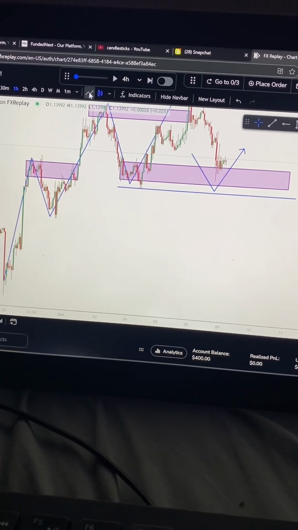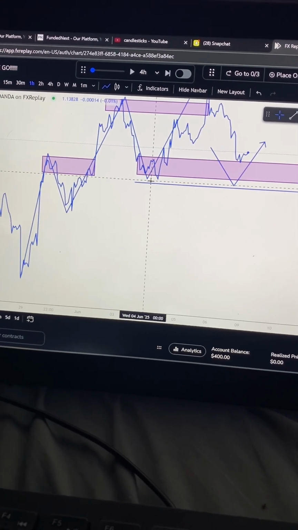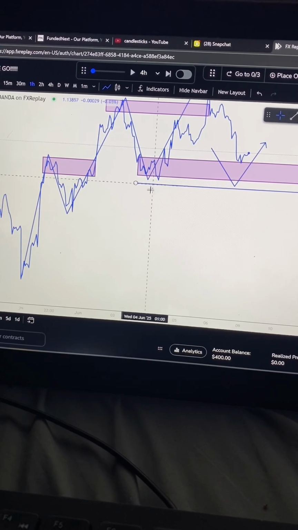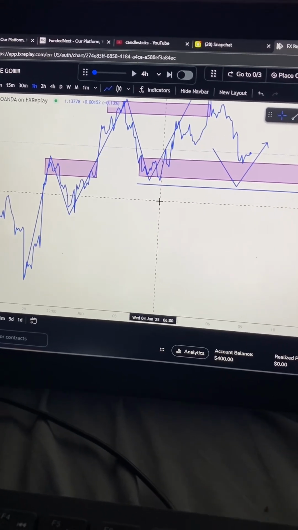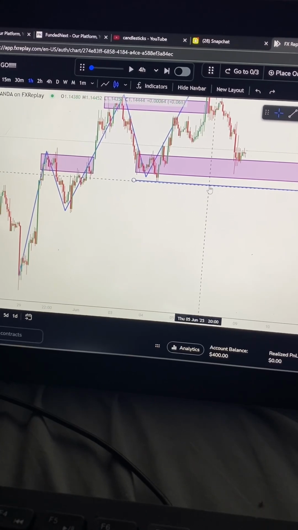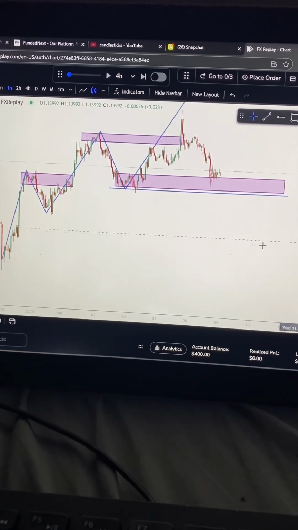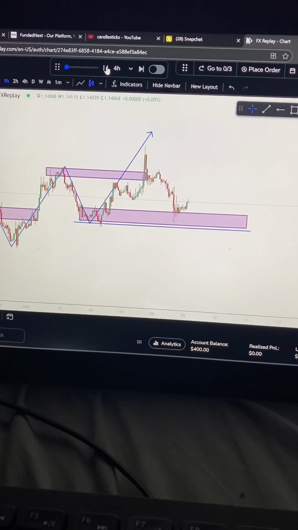Well, if we go on line charts, the wicks don't appear there, so that's not really considered a genuine level. So yeah, I like to set my key levels at the candlestick closes. Sometimes, not every single time. Okay, most of the times, but it depends how the market is.